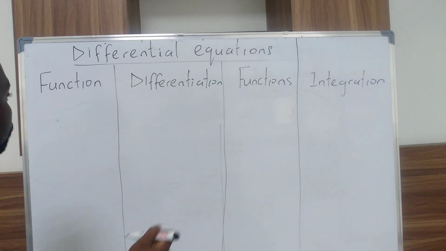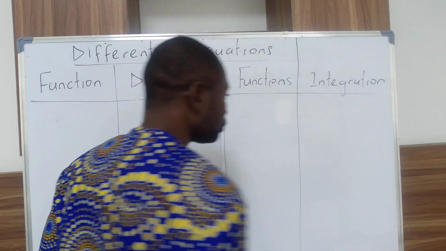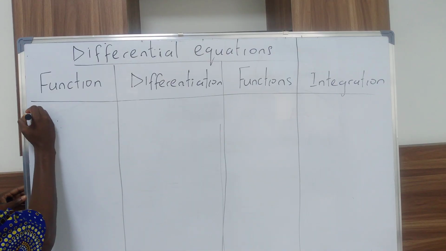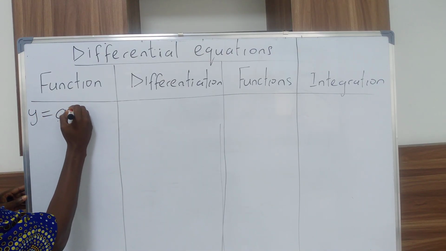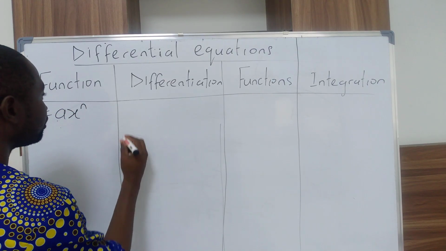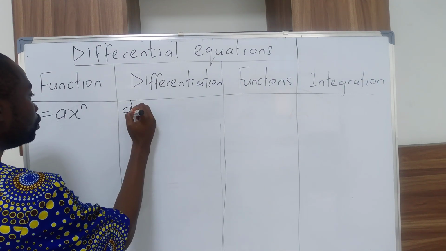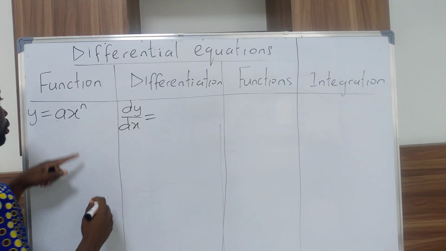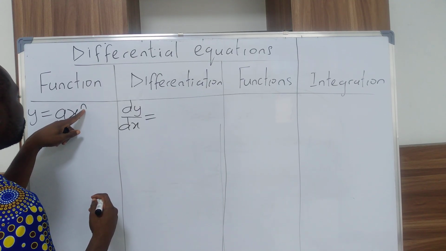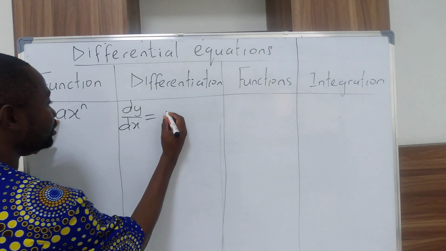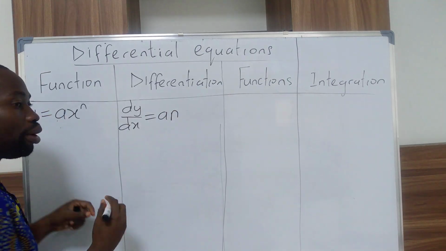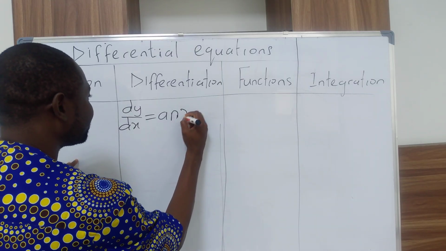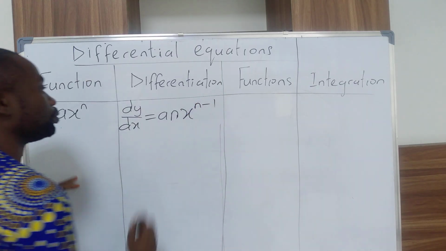So now when we have y is equal to ax raised to power n, dy/dx: the power n will multiply the coefficient, that is an, then you minus 1 in the power, giving an x raised to power n minus 1.